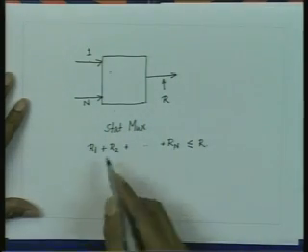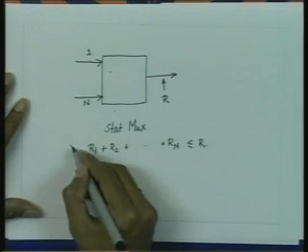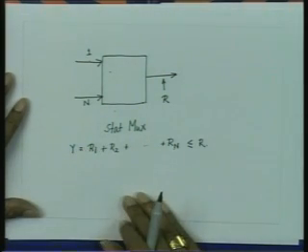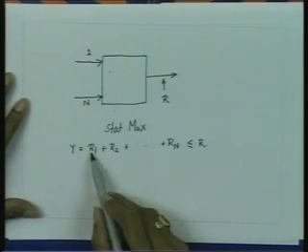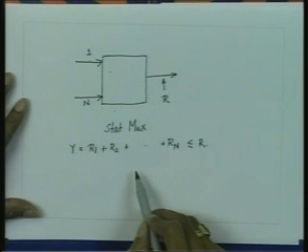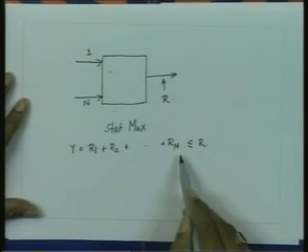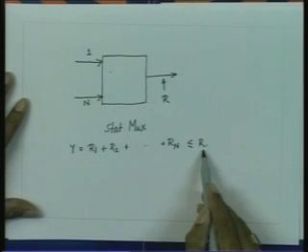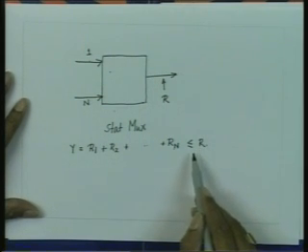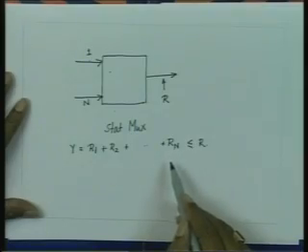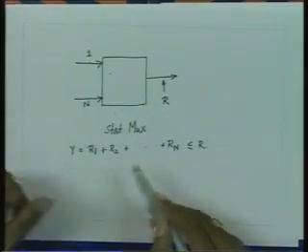Let us say that Y is the combined transmission rate, R1 plus R2 plus up to Rn. What we want is that the sum of these transmission rates must be less than or equal to the channel capacity, the maximum bit rate of the link.